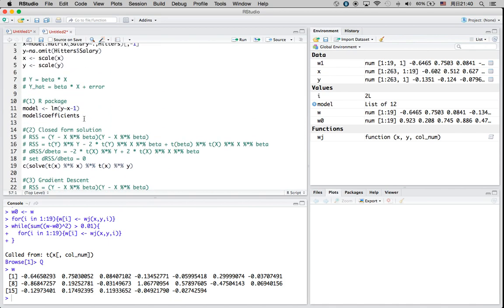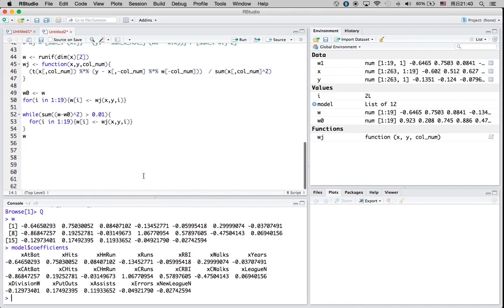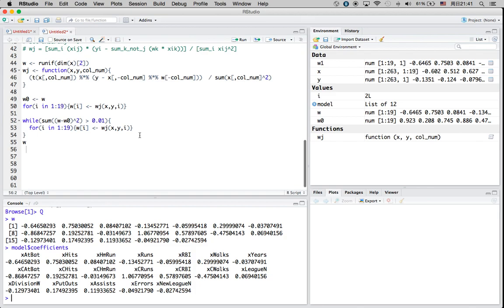You see that even if the coefficient has not yet converged, my coefficient is actually already giving me the correct, so-called correct solution, the correct coefficient, compared to all the other methods.